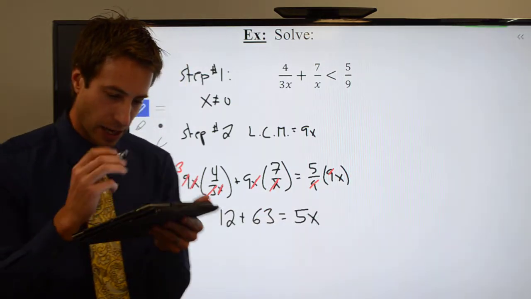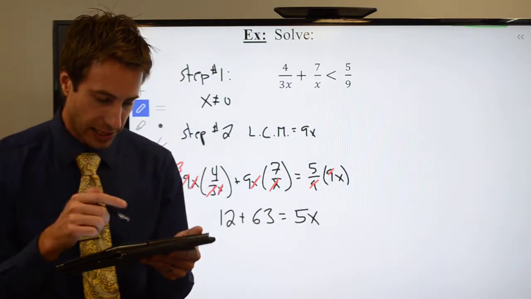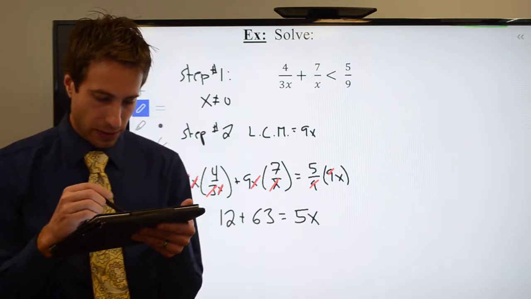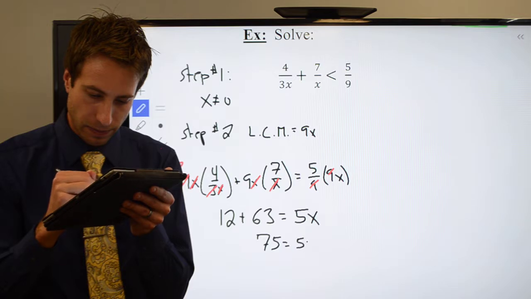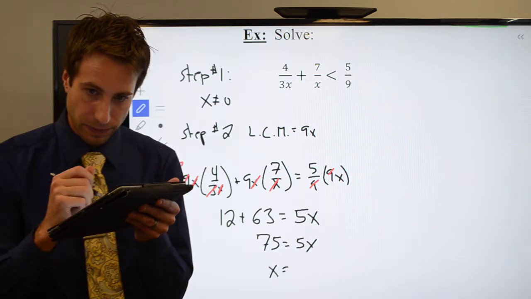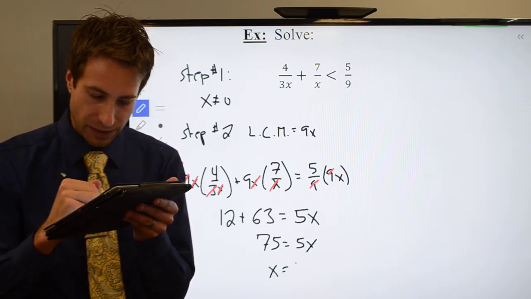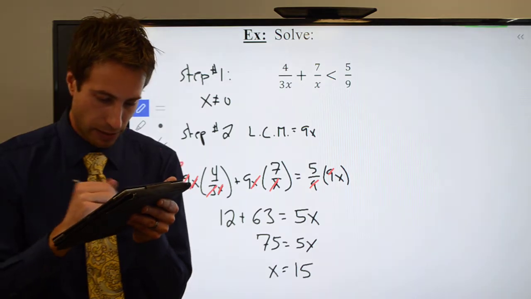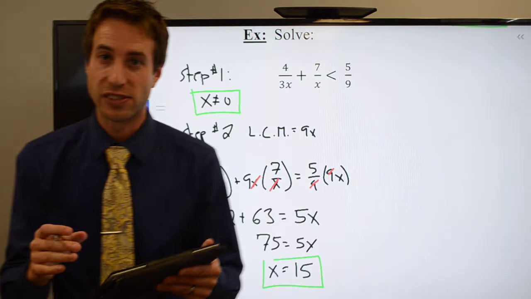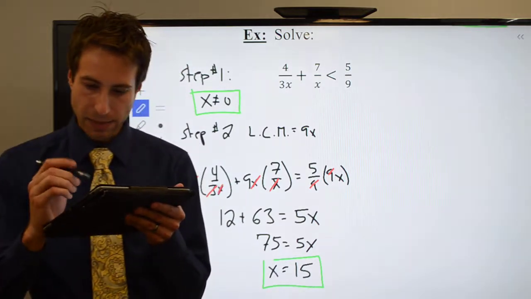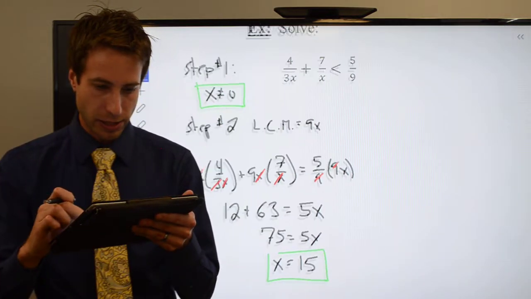Okay, fantastic. Let's see, 12 plus 63 is 75, so 75 equals 5x. I believe that is 15. All right, so I've got my excluded values of 0 and 15. Step number 3, let me slide up here a little bit.